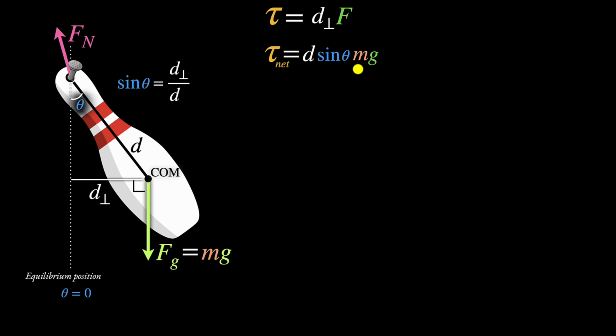But this is just the magnitude of the torque. What about its direction? Well, notice if we displace our pin this way, the torque tries to rotate it in the opposite direction. Similarly, if we had displaced it to the left, the torque would try to rotate it towards the right, in the opposite direction.